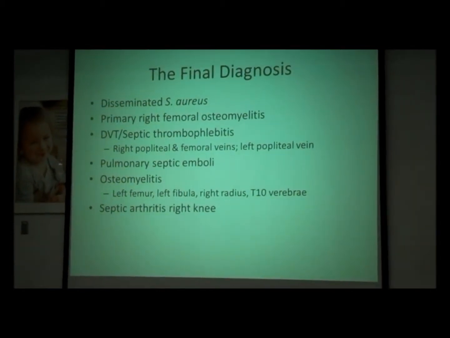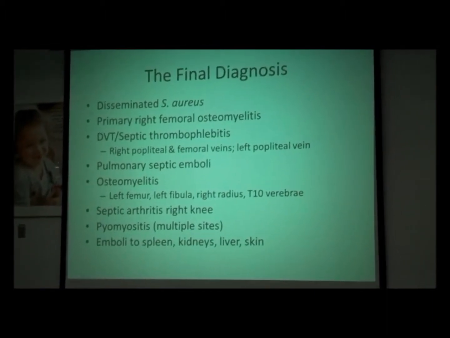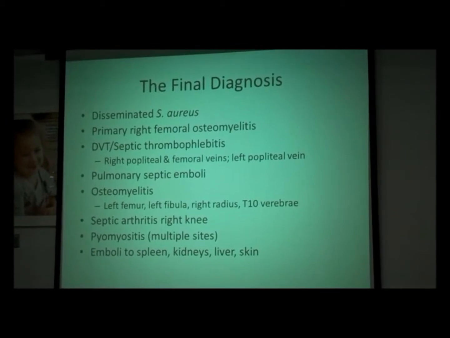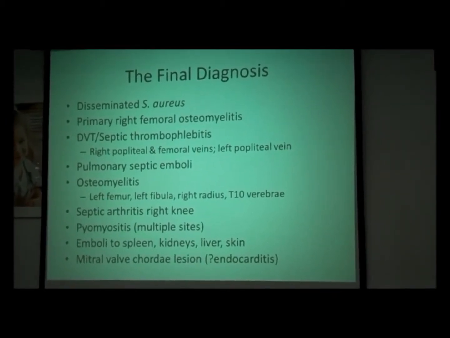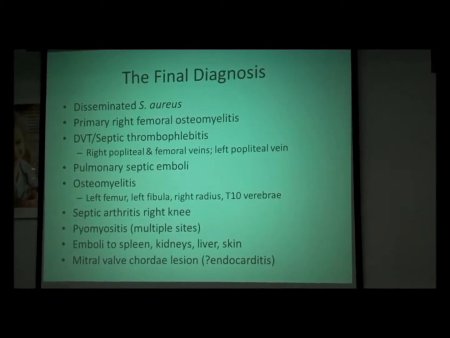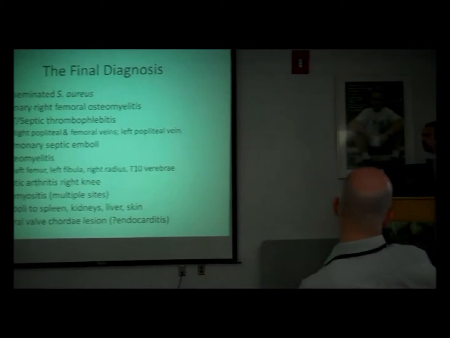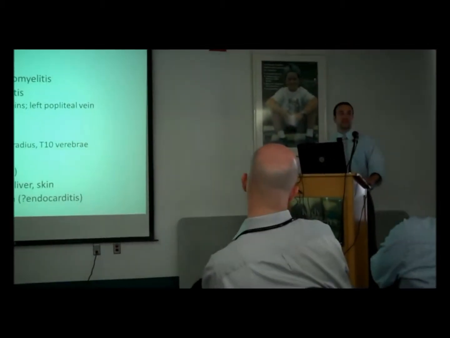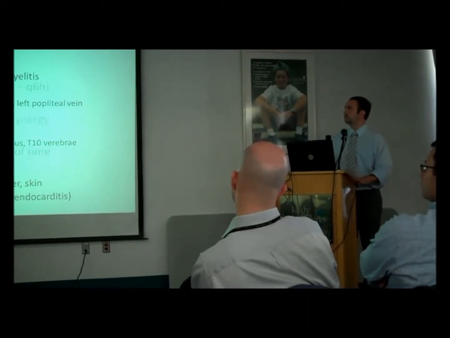Had septic arthritis of the right knee. Multiple sites of pyomyositis, emboli to the spleen, kidneys, liver, and skin. And on subsequent echo, there was a very small lesion on the chordae of the mitral valve, which was suspicious for endocarditis. He certainly had an intravascular nidus in the form of the DVTs, but this was a potential other nidus of infection as well.